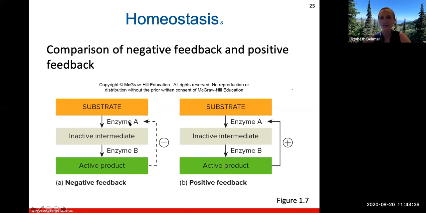Enzymes are little proteins that help chemical reactions occur. So the negative feedback mechanism will deactivate that enzyme, which will stop this process from occurring when there's enough product being produced. Positive feedback, in the opposite way, will encourage this enzyme to keep working, to keep turning substrate into active product.